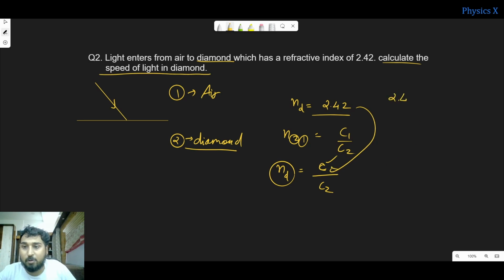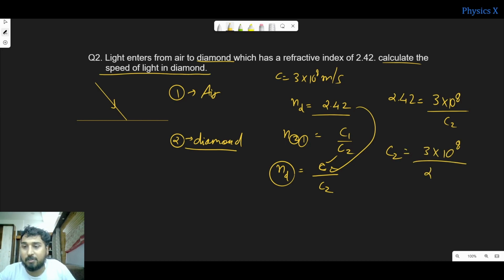So 2.42 is nothing but 3 into 10 to the power 8 upon c2, because the speed of light you know, 3 into 10 to the power 8 meter per second. So what is the value of c2?